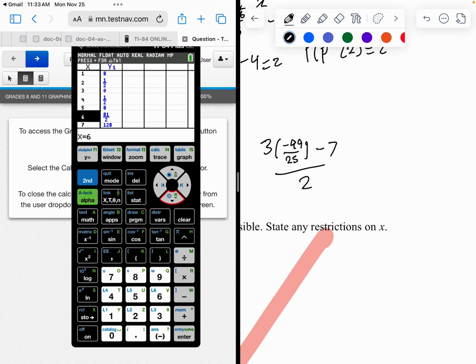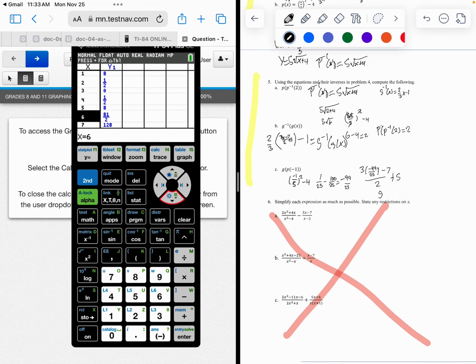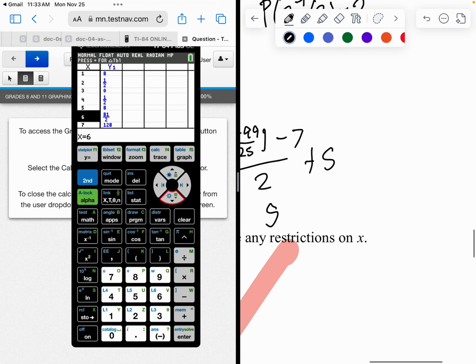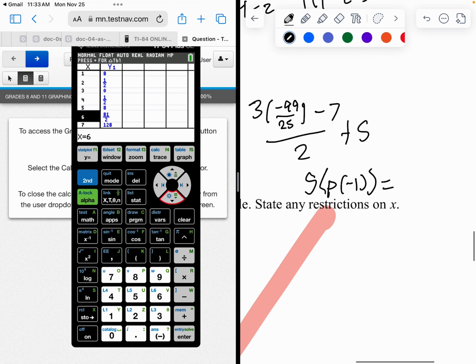Plus 5. So whatever answer we get from this is going to be the G of P of negative 1. Alright, now we're going to plug it into the calculator because I have no idea what that is.